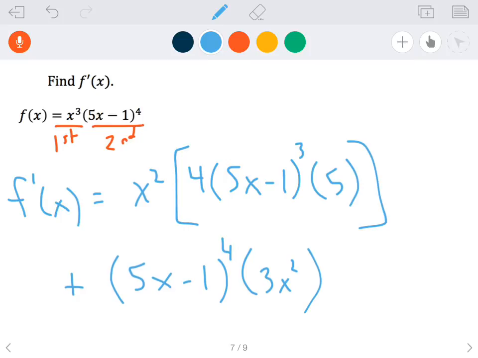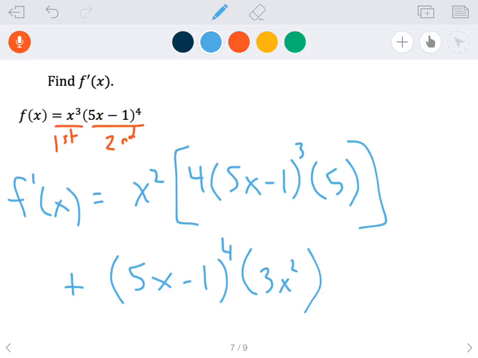So for that, I'm just going to distribute what I can here. So this will become 20x cubed times 5x minus 1 to the third. So I took 5 times 4 and then times my x cubed.